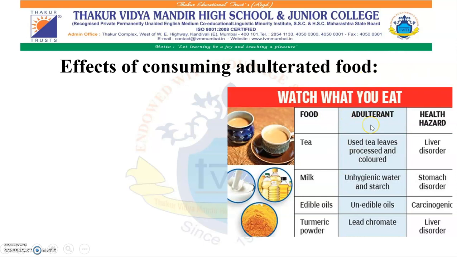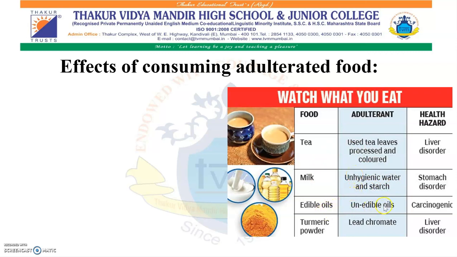This adulterant may be harmful or it may not be harmful. The very first item in the food list is tea. And the adulterant which is added to tea is used tea leaves which are processed and colored. Next is milk. Unhygienic water and starch are added to milk to increase its quantity.